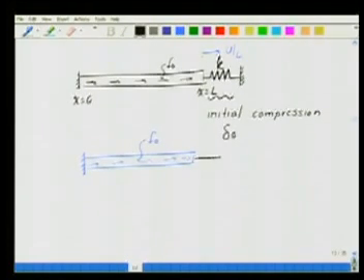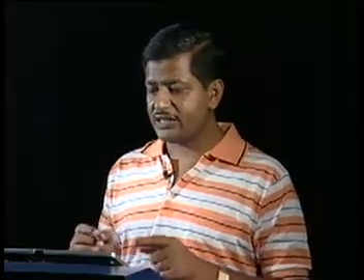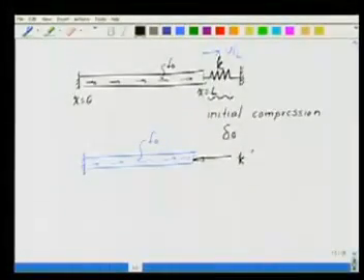The spring applies a compressive force of size k times (delta naught plus u at L), because the total compression of the spring now becomes delta naught plus the displacement of the end L, which is u at L.